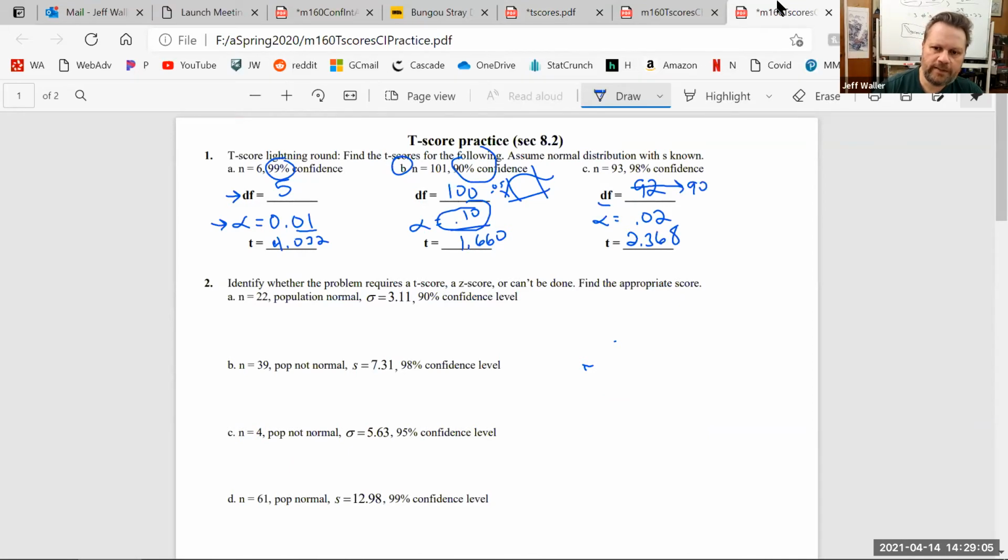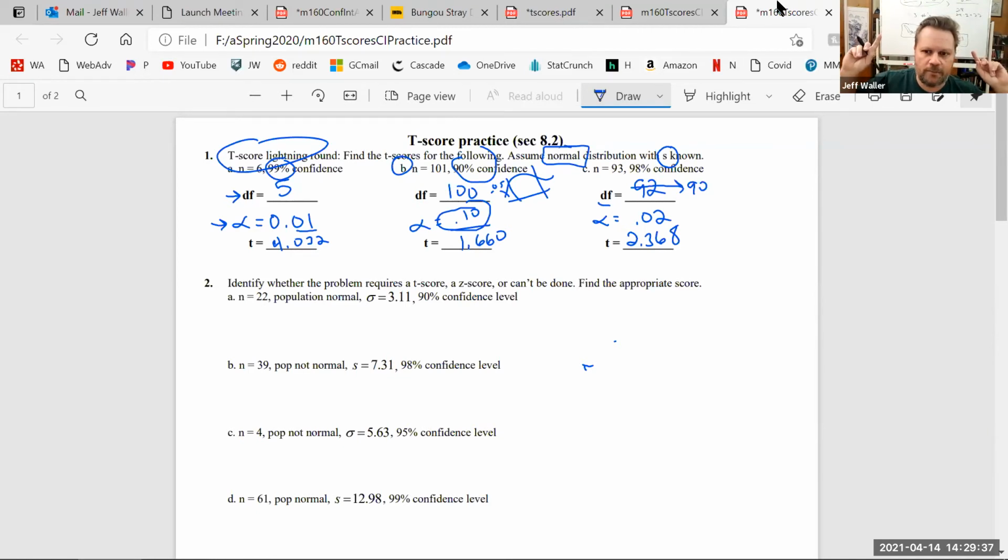Now notice what I say up here in the beginning for the t-score lightning round. Assume it's normal, and of course S is known. So somebody tell me, why were t-scores invented? What made the Guinness guy, William Gossett, have to create t-scores? What's the whole thing that got this going?